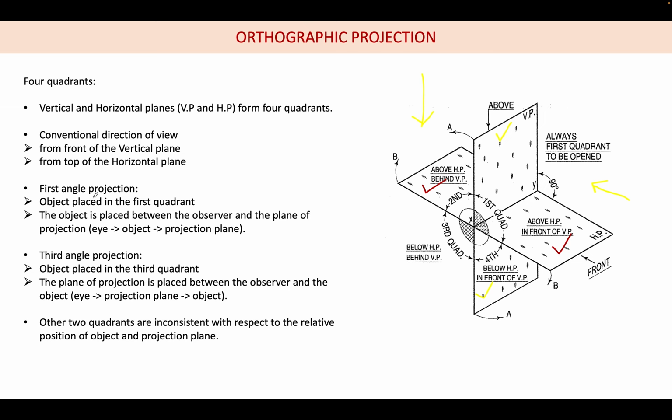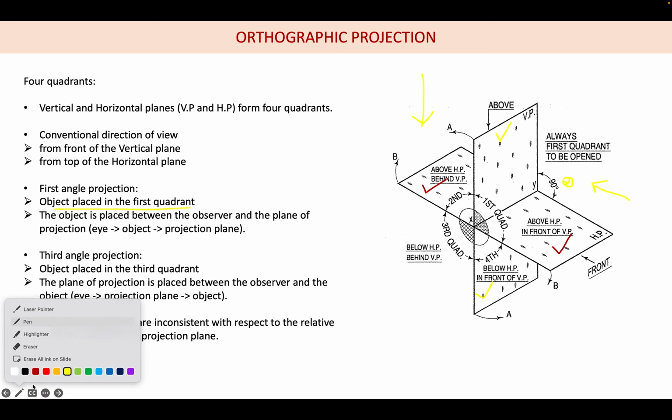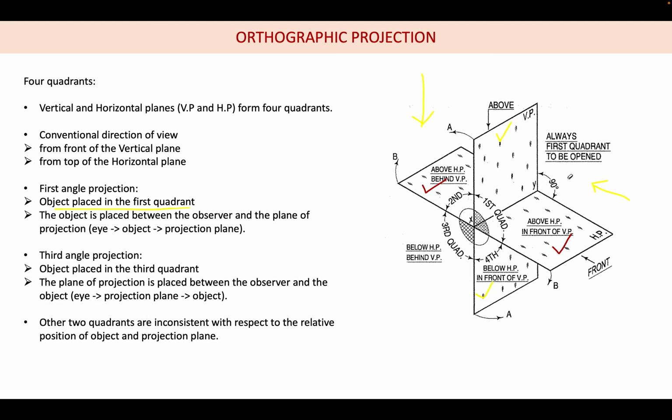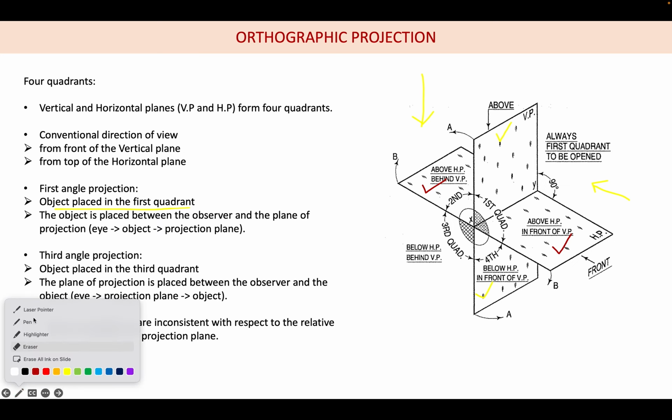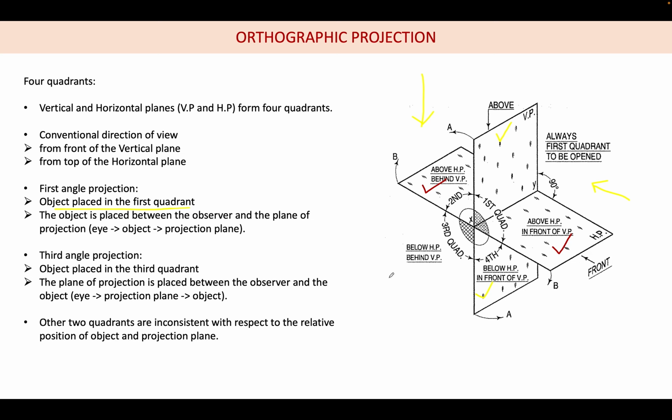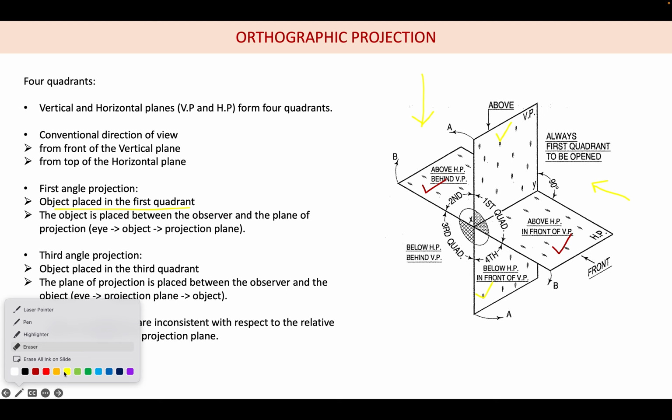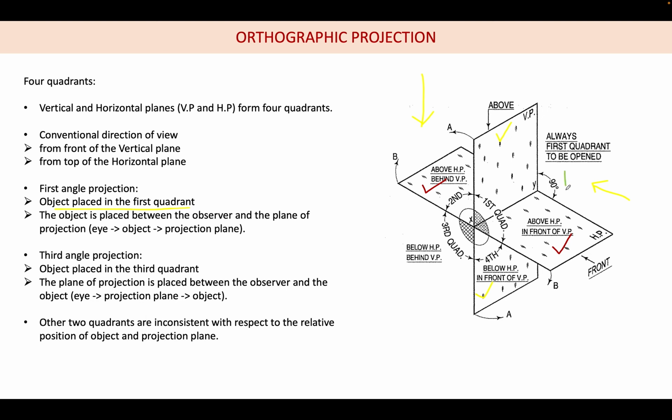So first angle projection means that the object is placed in the first quadrant. Let's say some object is in the first quadrant. So which means that your observer is here, your object is here, and your plane is here.